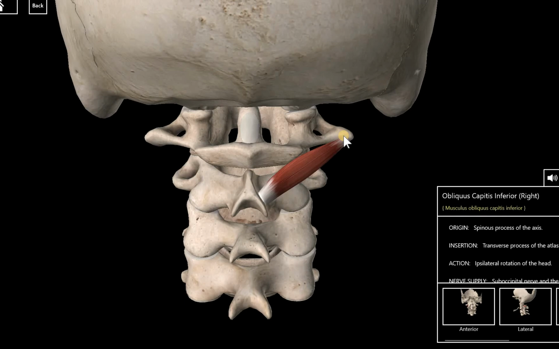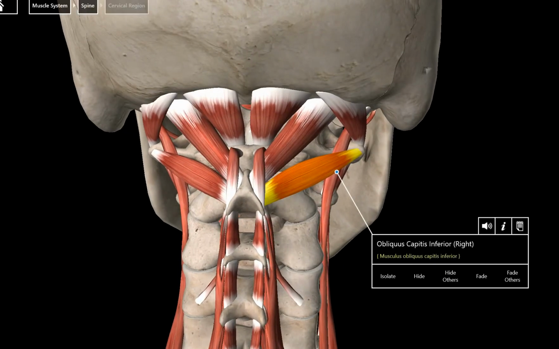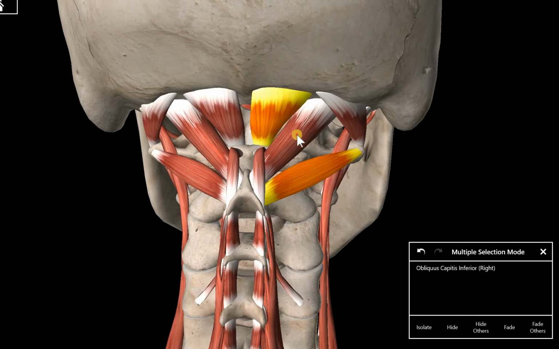Okay. So for the action, we're going to keep it relatively simple. Collectively, these muscles are going to help with extension of the upper cervicals, and ipsilateral rotation. Ipsi meaning on the same side.